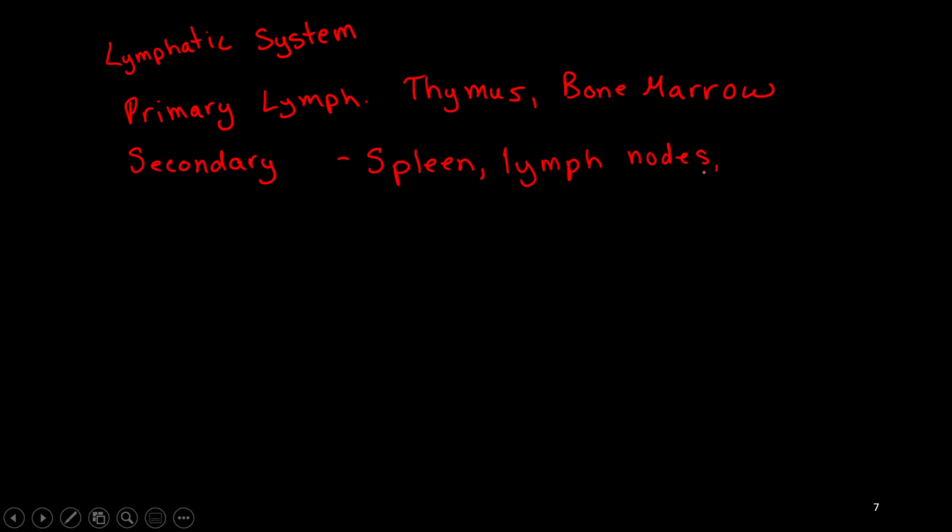And the last one are the mucosal associated lymphoid tissues, or the MALTs. So these are the lymphoid tissues that are associated with your mucosal surfaces, such as the Peyer's patches.